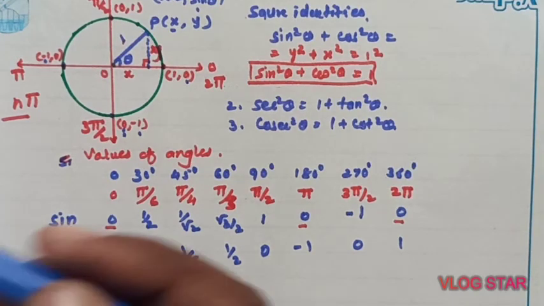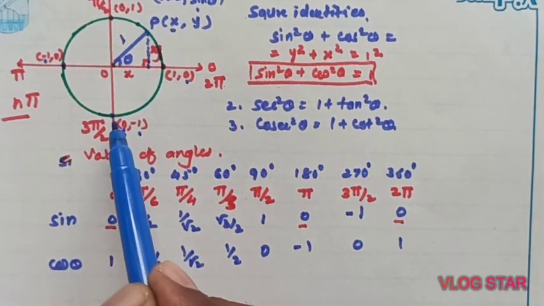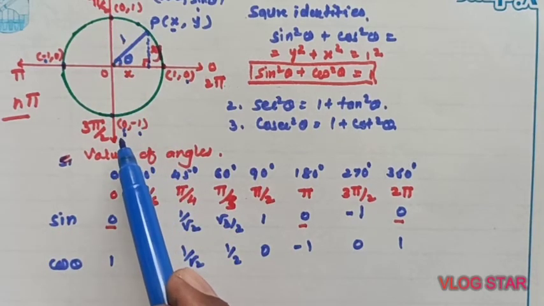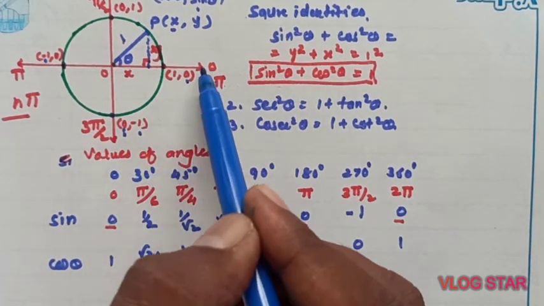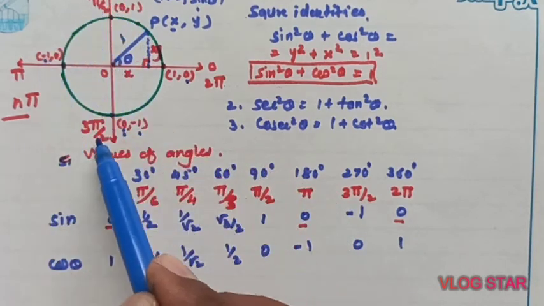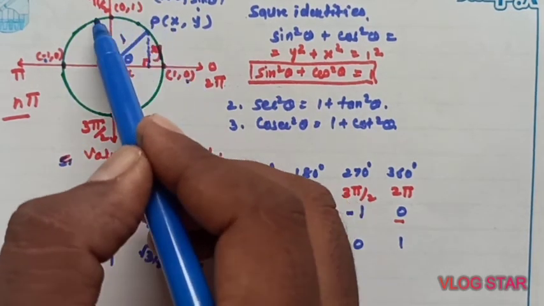In general, all these points which are on the x axis are called n pi. What about these two positions? For these two positions, 1 time pi by 2, 3 times pi by 2, and if you keep on rotating, 5 times pi by 2, then 7 times, then 9 times pi by 2.